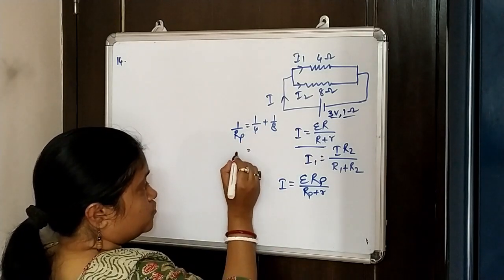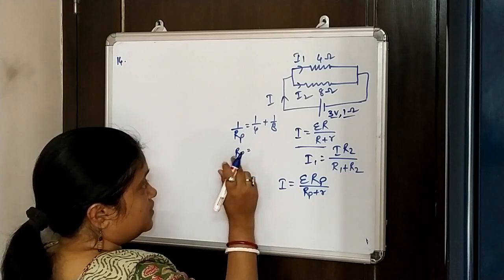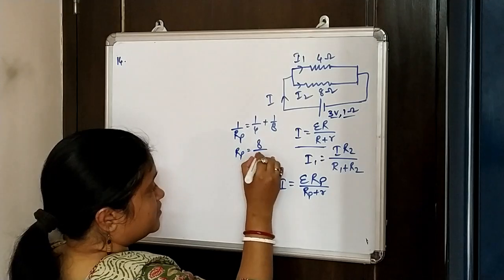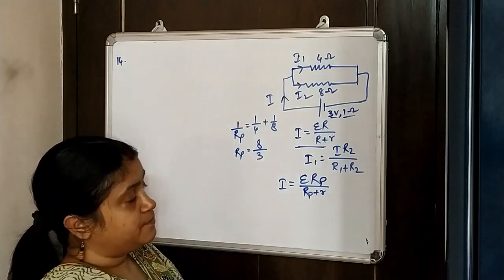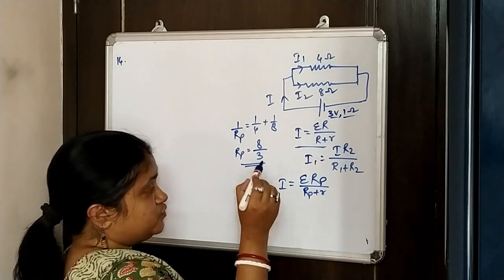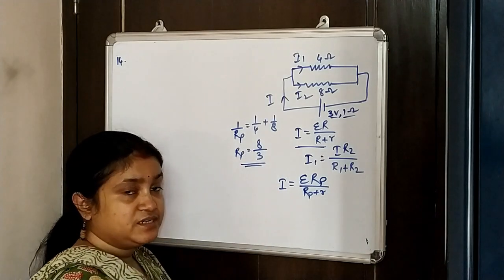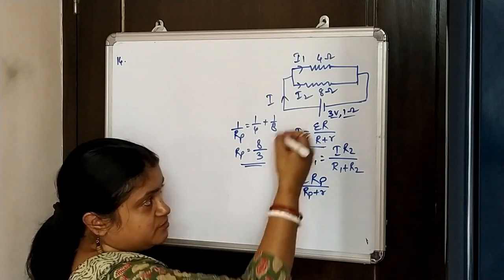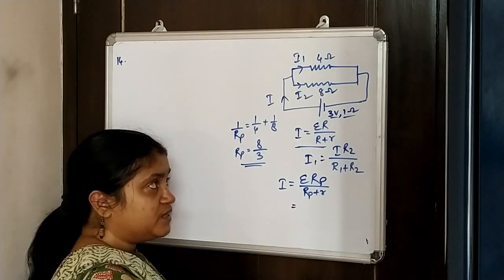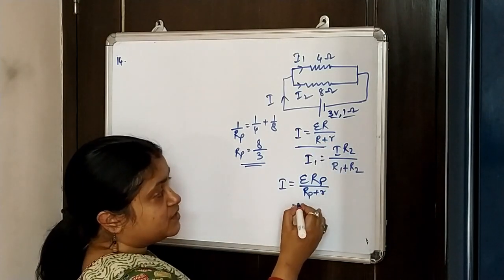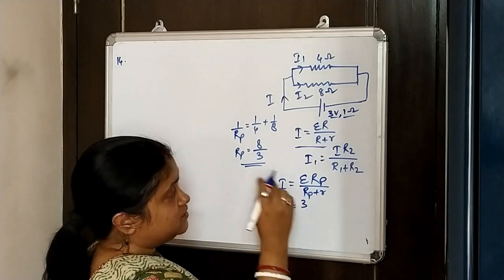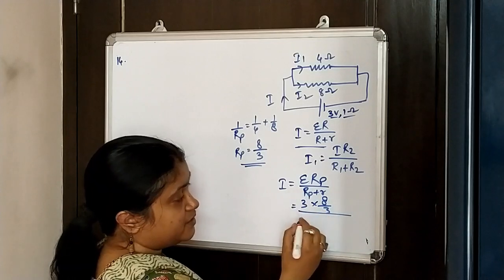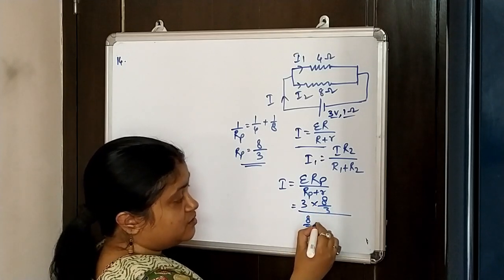If you do this calculation, Rp will become 8 by 3. So just substitute this, no need to calculate in decimals. It's enough if you keep it in fraction, because many times we are calculating where fractions will come. So epsilon is 3, Rp is 8 by 3, divided by Rp, again 8 by 3, plus 1.